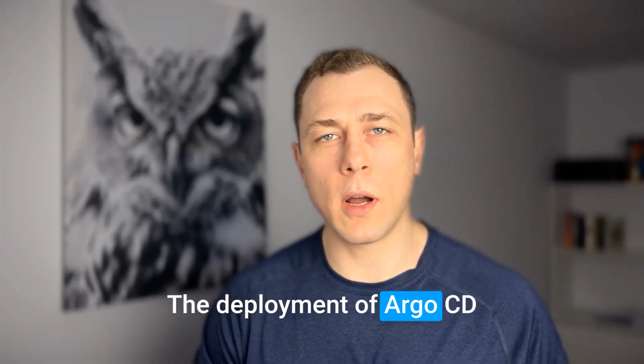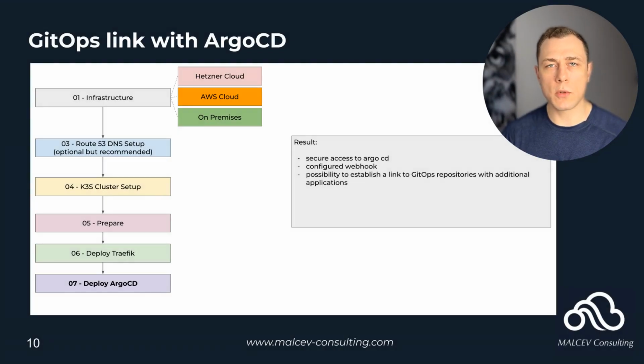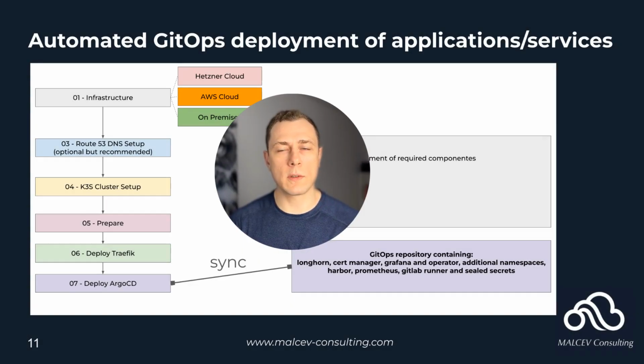The deployment of ArgoCD. With ArgoCD deployed, this enables GitOps. That means that the actual application stack is managed through a GitOps repository. The sync link you can see here means that ArgoCD watches the Git repository and syncs the desired state into the Kubernetes cluster.